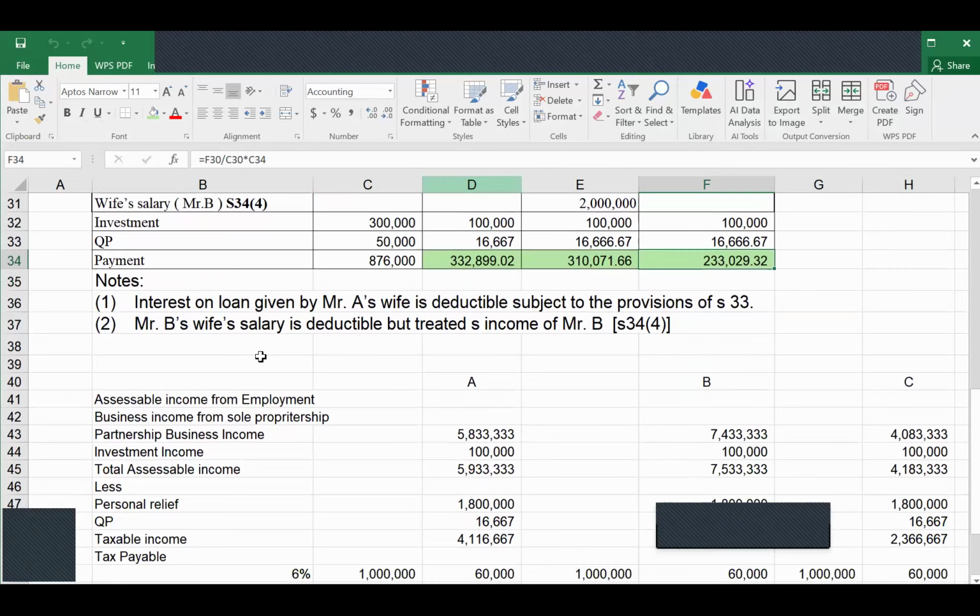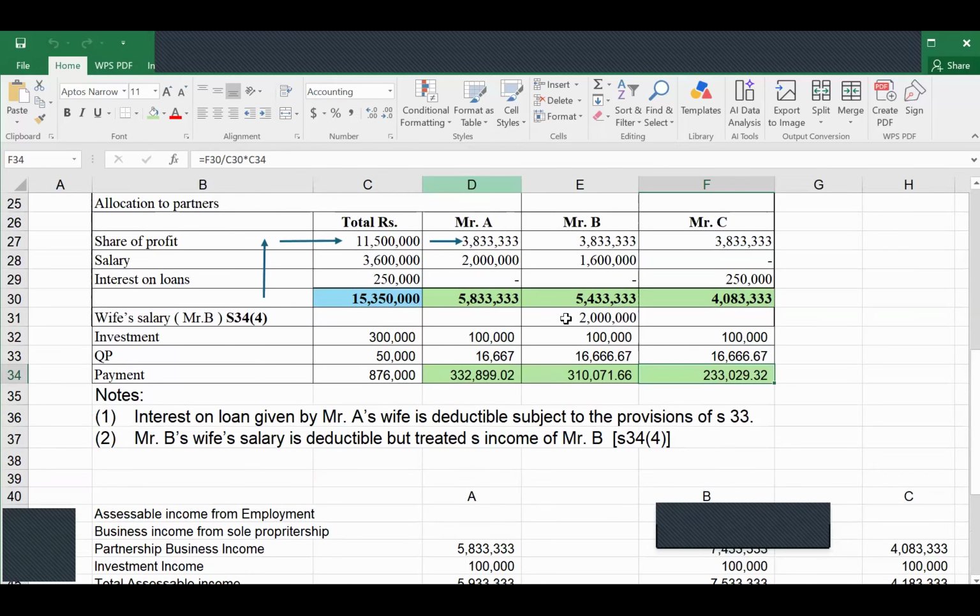This note: interest on loan given to Mr. A's wife is deductible subject to the provisions of section 33. It is deductible. Mr. B's wife's salary is deductible but treated as income of Mr. B.